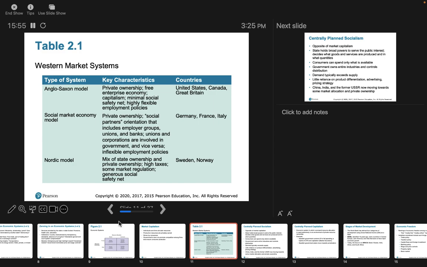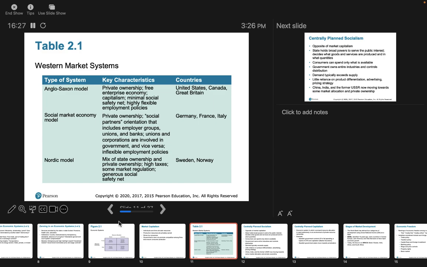For this social market economy model, we have the private ownership, okay, that means social partners. Then we have orientation that includes employer groups, unions and banks, unions and corporations, and these unions are involved with government, and the employment policies are very inflexible compared to the flexible employment policies of the Anglo-Saxon model.